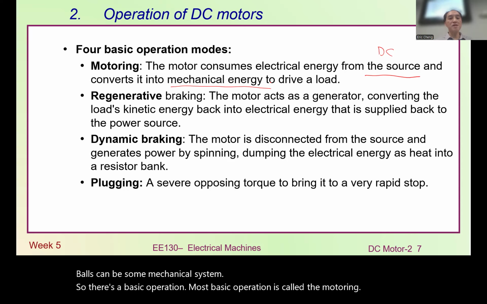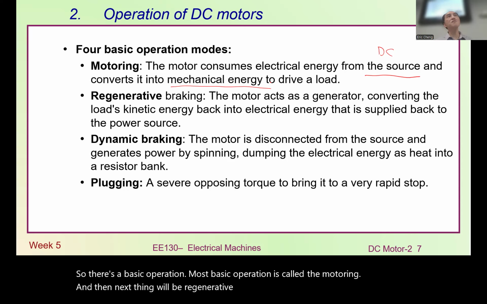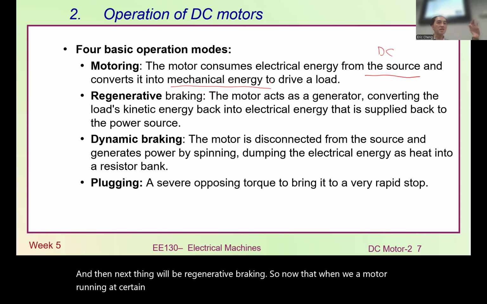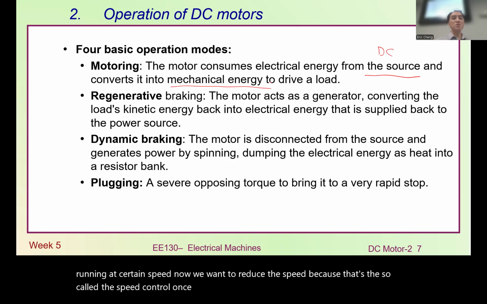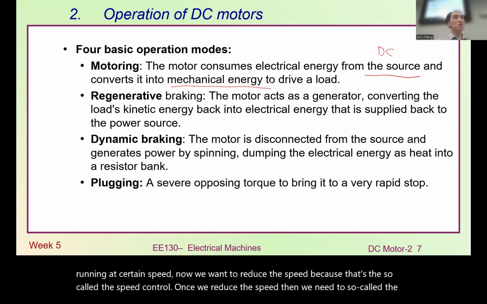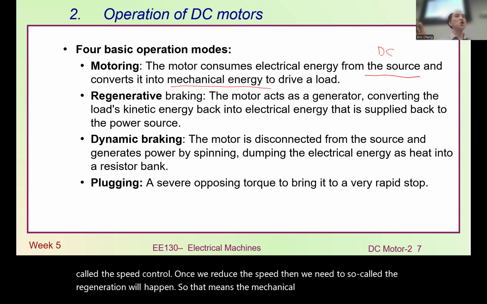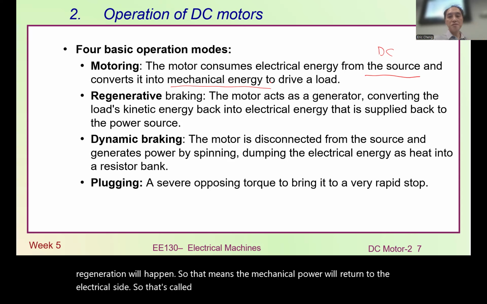And the next thing will be regenerative braking. So now when a motor is running at a certain speed, we want to reduce the speed, which is the so-called speed control. Once we reduce the speed, the so-called regeneration will happen. That means the mechanical power will return to the electrical side. So that's called the regeneration.